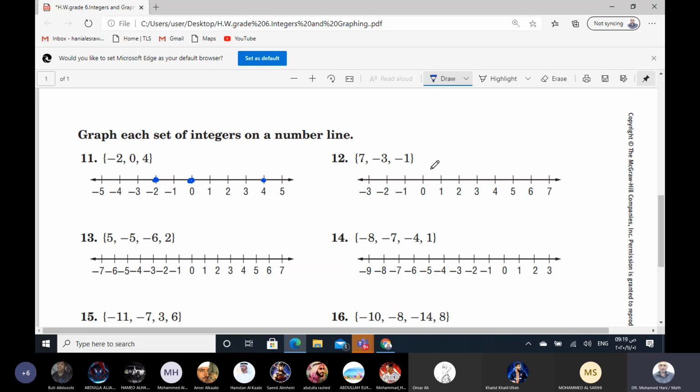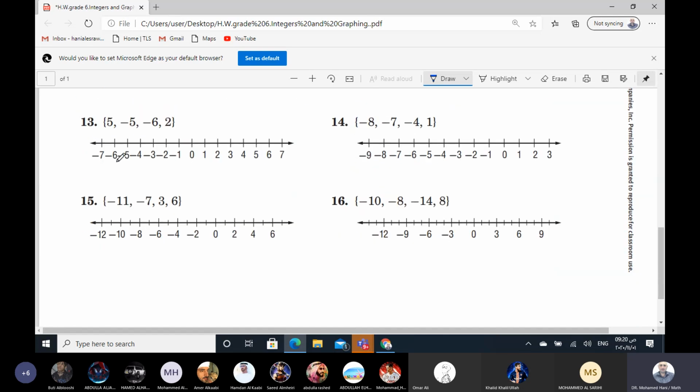Number 12. Here we have 7. So go to the positive side, to the right. This is 7. Put a point here. Here we have minus 3, which means negative. Go to the negative side. Put minus 3 here. Here we have minus 1. This is minus 1. Do you have any question here?